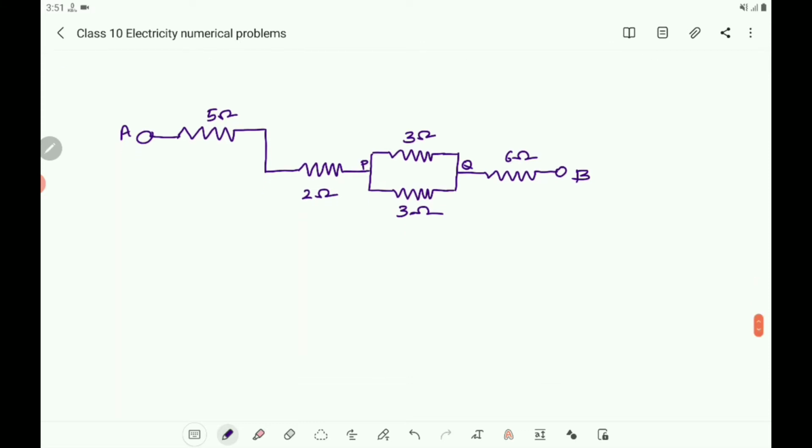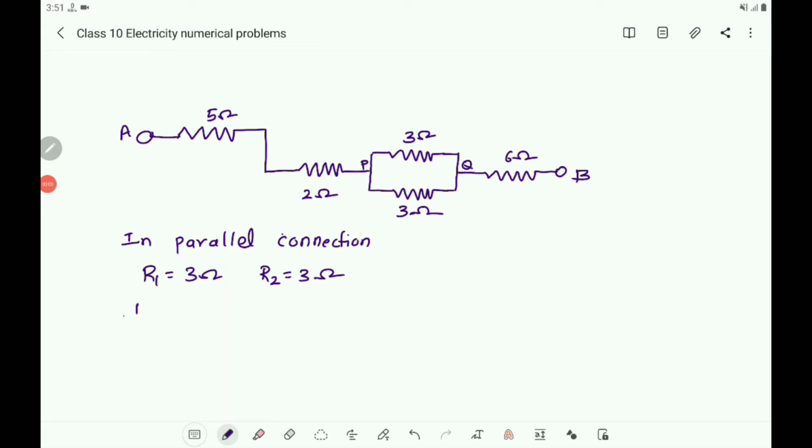First, in the parallel connection, you take R1 equals 3 ohm and also R2 equals 3 ohm.